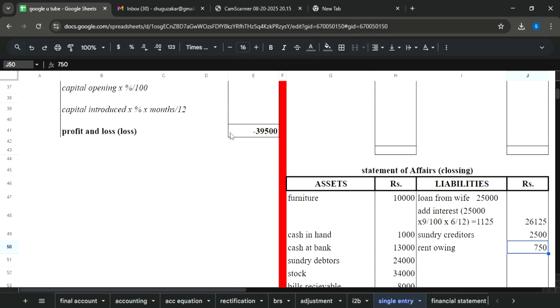Then we have furniture and fixtures, which are to be depreciated at 10%. So it was first declared and decided, less depreciation. And how will you calculate? The total amount of furniture was 10,000 and then you will take 10%.